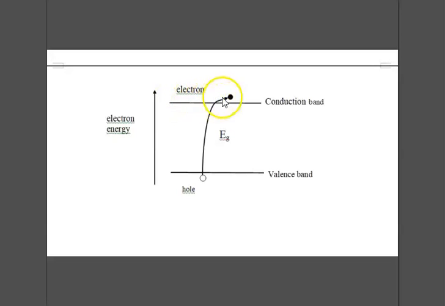It can actually conduct electricity. So if the electric field, for example, is from right to left in this direction, the electron will move from left to right.